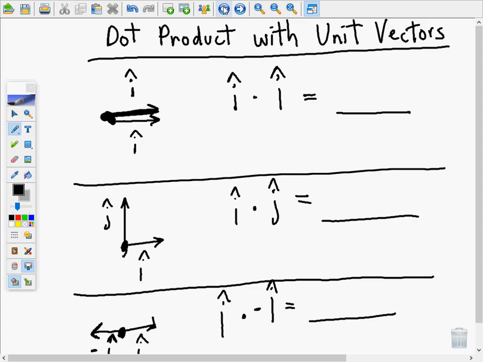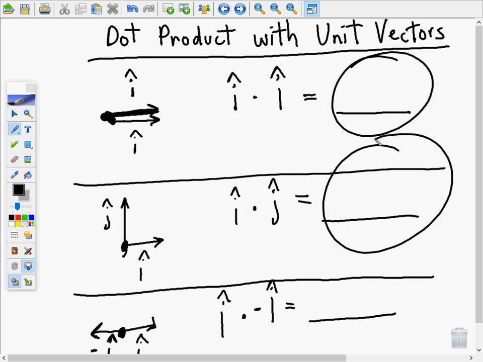So you need to keep in mind this answer right here and this answer right here as you simplify this out. So go ahead and expand that, but keep in mind, if you have a unit vector dot itself, you should know what that answer is. And if you have a unit vector dotted with a different perpendicular unit vector, you know that answer.